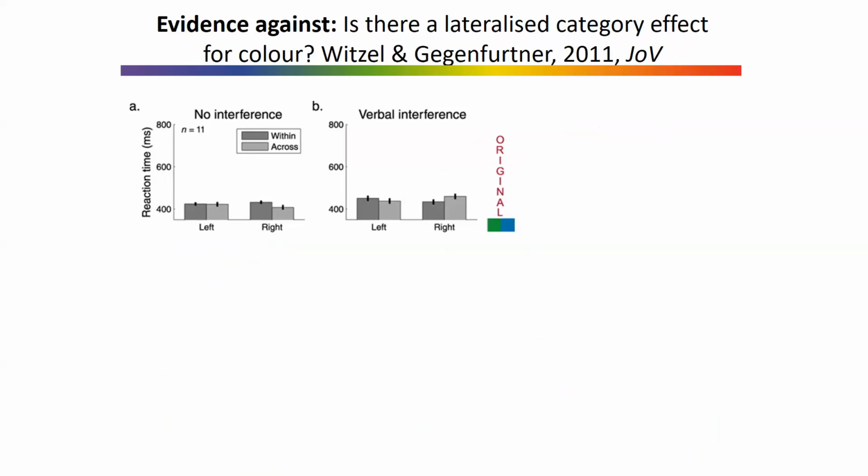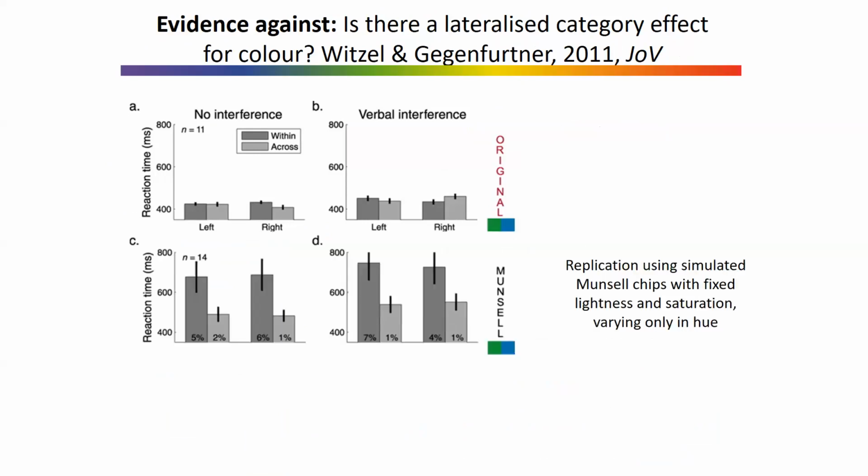So they actually discovered quite different reaction times, much longer reaction times when they used simulated Munsell chips, which were correctly simulated. The RGB values reported in the previous study indicated that the simulation of the Munsell chips wasn't quite exact in the previous work.